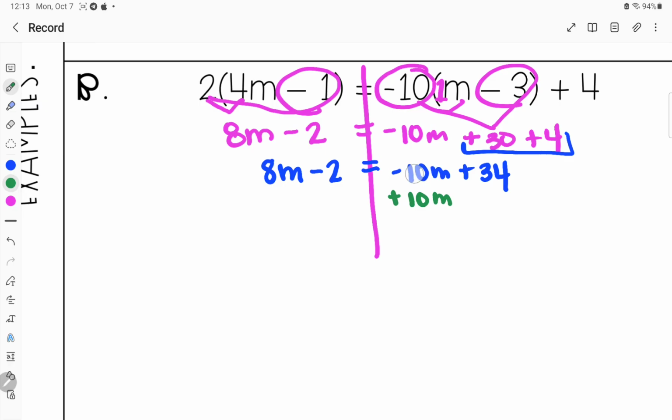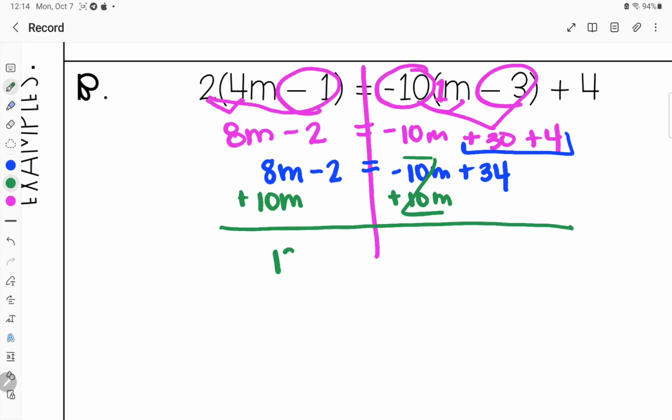So right now I had 10 negative m's. If I put 10 positive m's with it, now those become 0. But if I add 10 m's to one side, I have to add 10 m's to the other side. That will leave me with 18m untouched, my minus 2 equals, and then just 34.